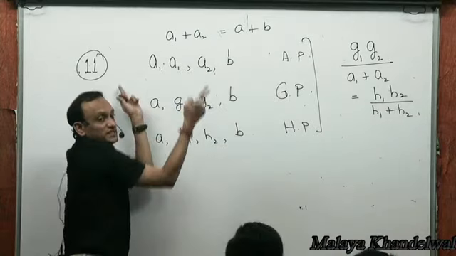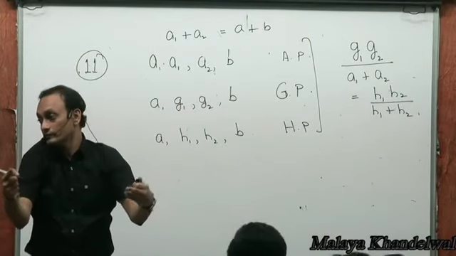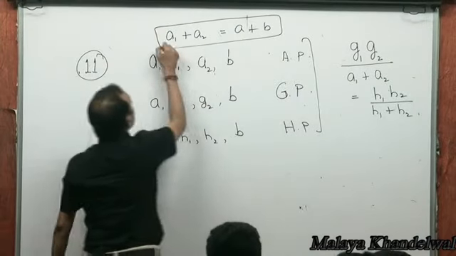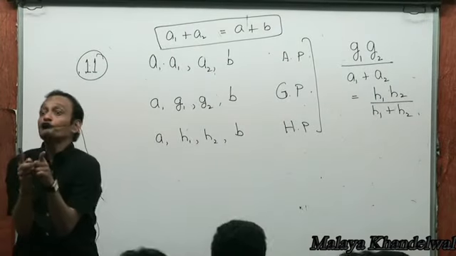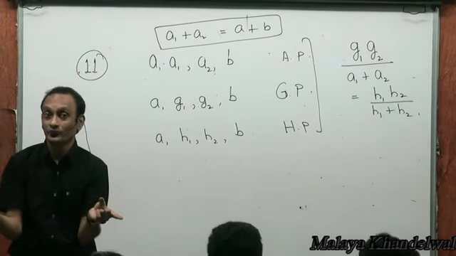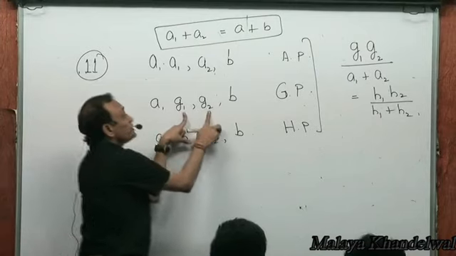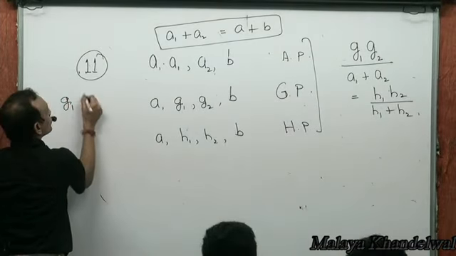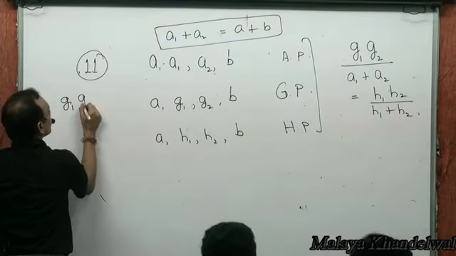Right? In a GP, product of two terms equidistant from the beginning and end is the same. That means G1, G2 must be AB.